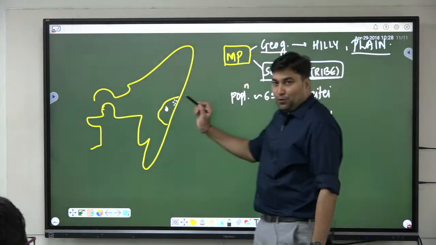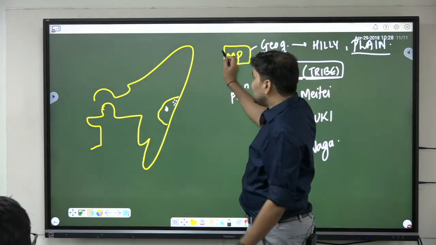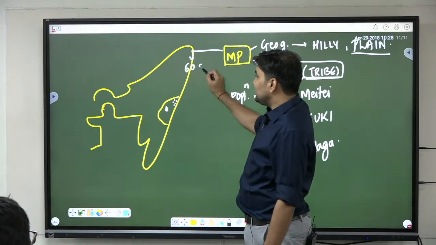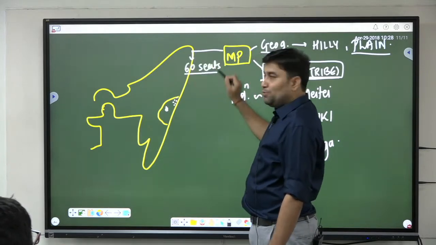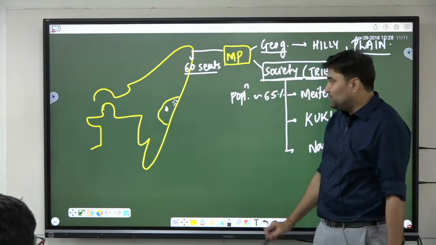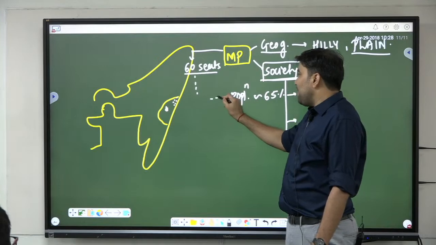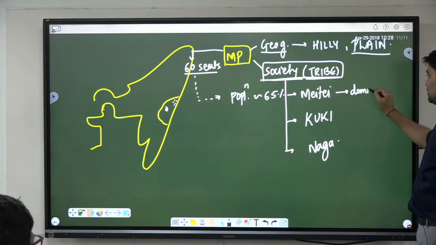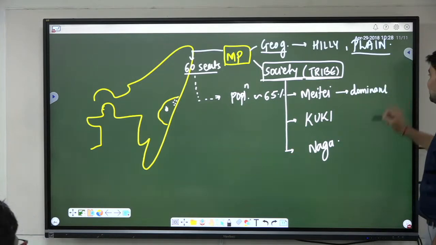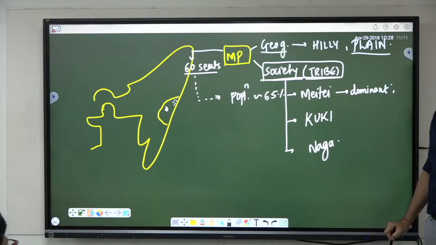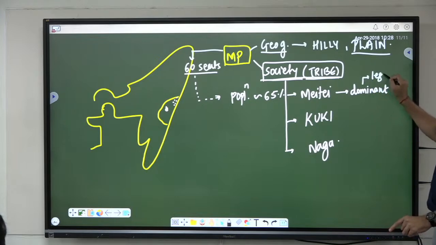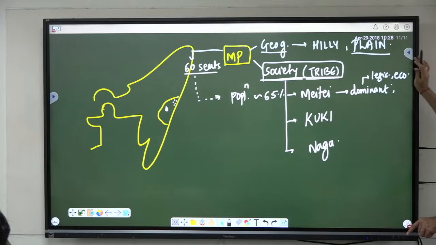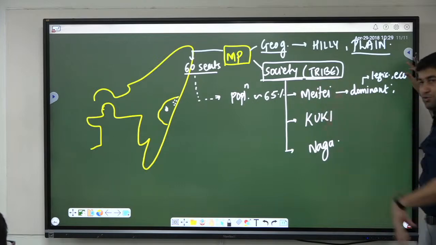The state legislative assembly has 60 seats in Manipur, and most of the seats are in valley areas. The Meitei tribes are the dominant tribes in Manipur, and they have a very large presence in the legislature and economy.